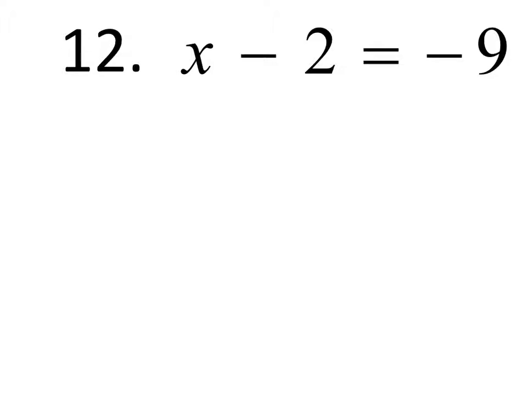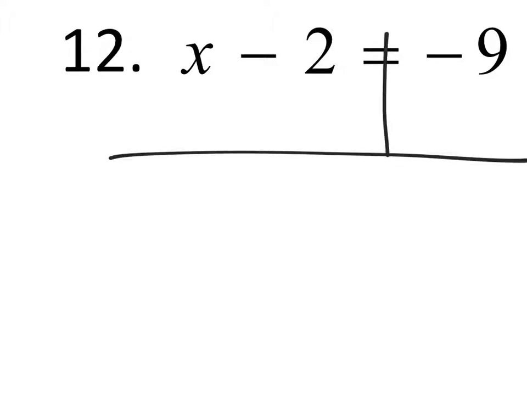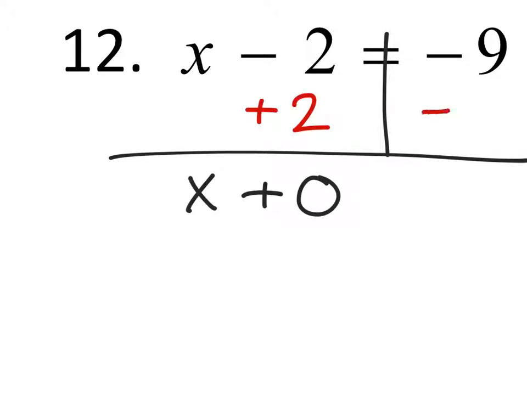Now again, the objective here is to make this x plus 0. Well, how do I make that x plus 0? Because right now I got x minus 2, right? How do I get rid of that minus 2? Add 2. But if I do it to one side, I must do it to the other side.